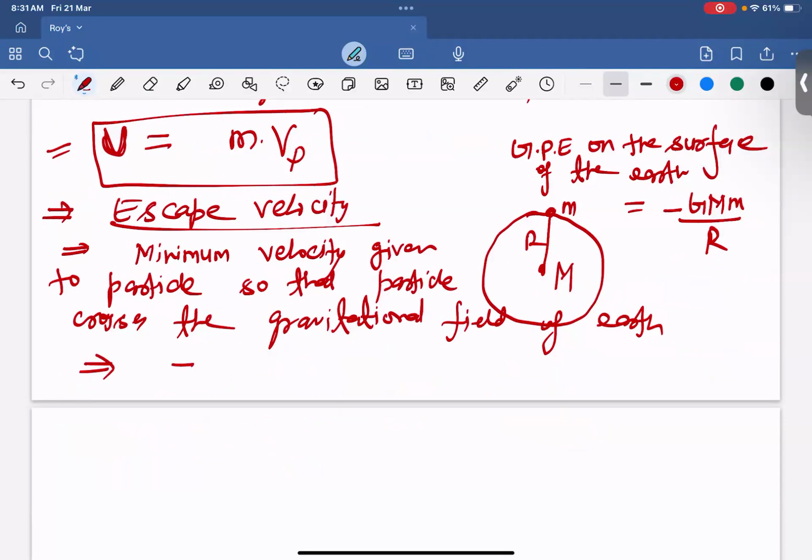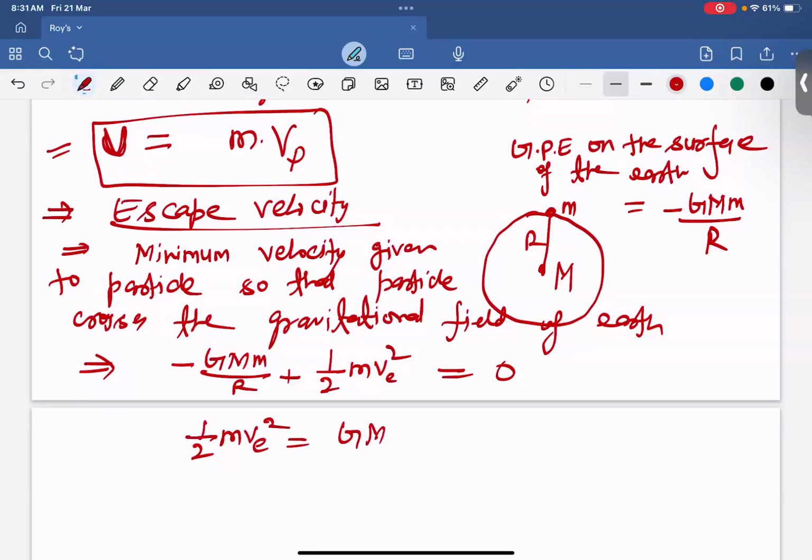Initially it has potential energy minus G M m by r. You have given kinetic energy half m v escape squared, and at infinity there is no energy. So you can take half m v squared equals G capital M small m by r. This gives you the formula of the escape velocity: under root 2 G capital M by r.